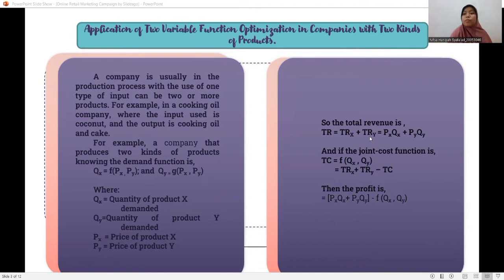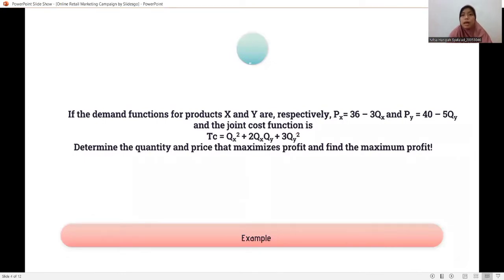Let's learn from an example. If the demand functions of products X and Y are respectively Px equals 36 minus 3Qx and Py equals 40 minus 5Qy, we must remember it.